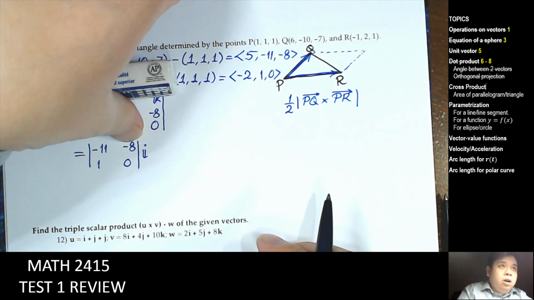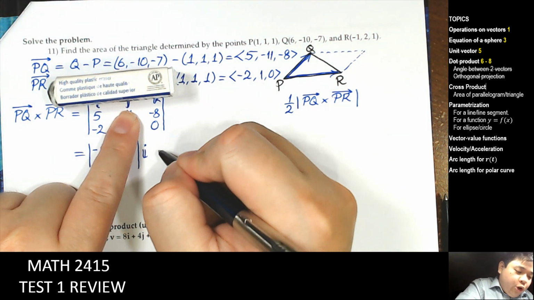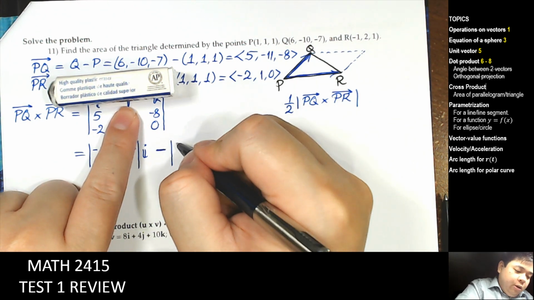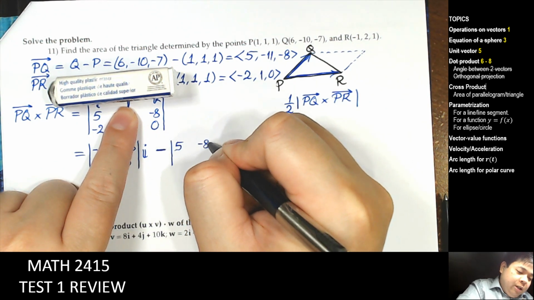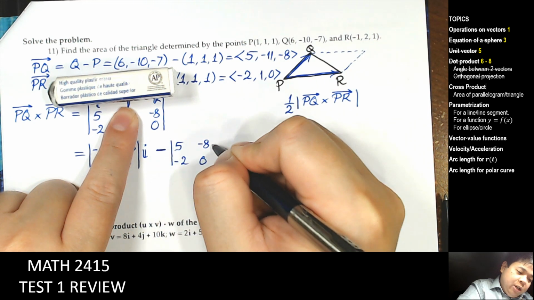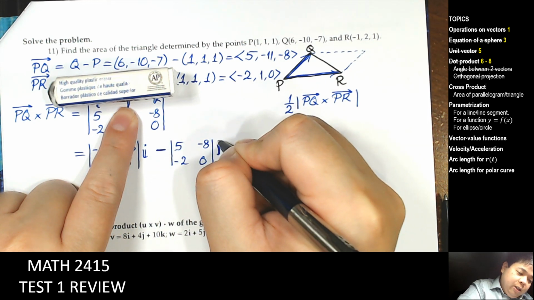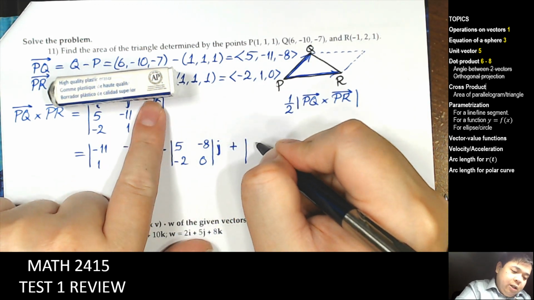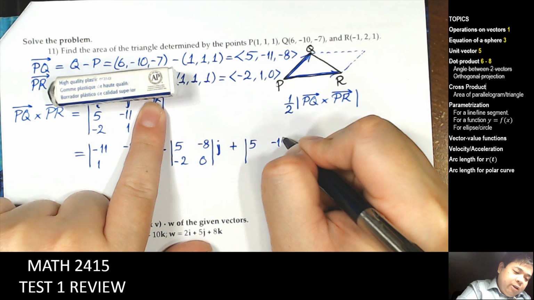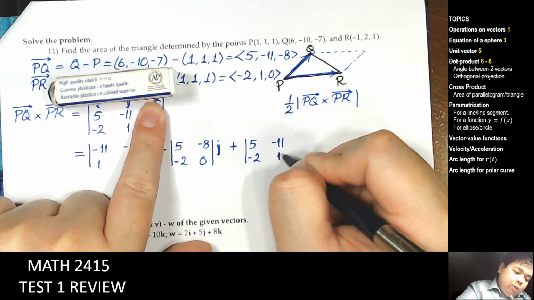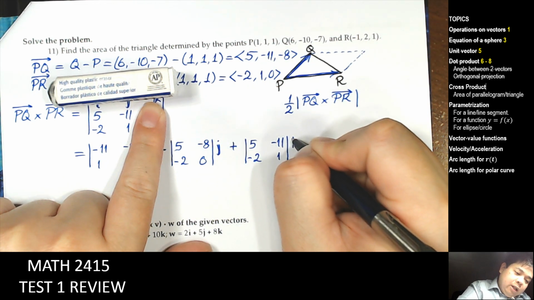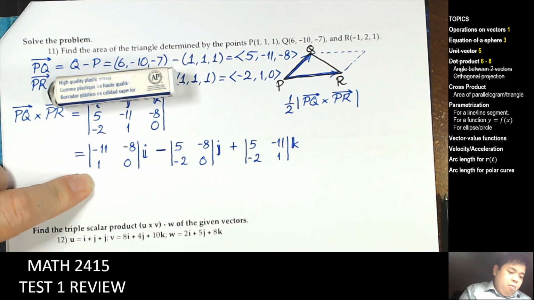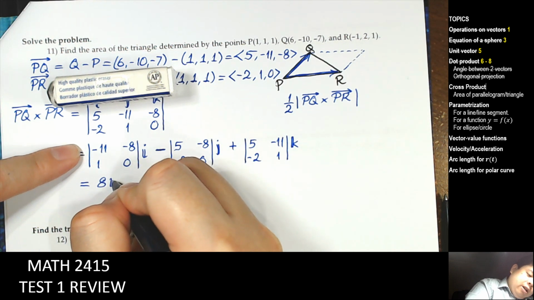For j, it is going to be minus 5, negative 8, negative 2, and 0. And for k, we have 5, negative 11, negative 2, and 1.